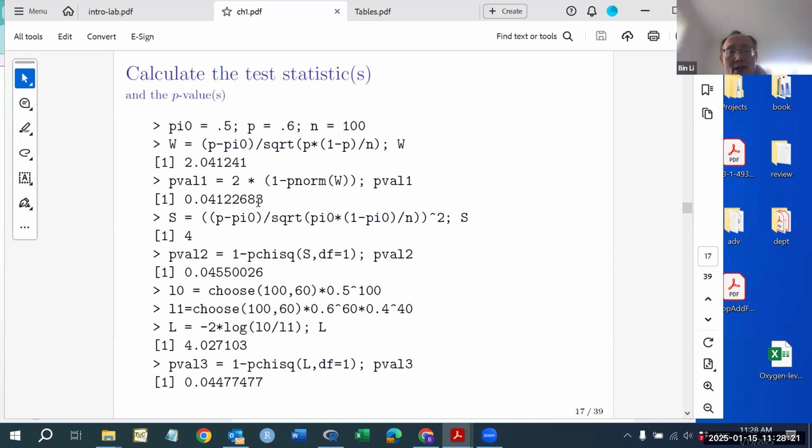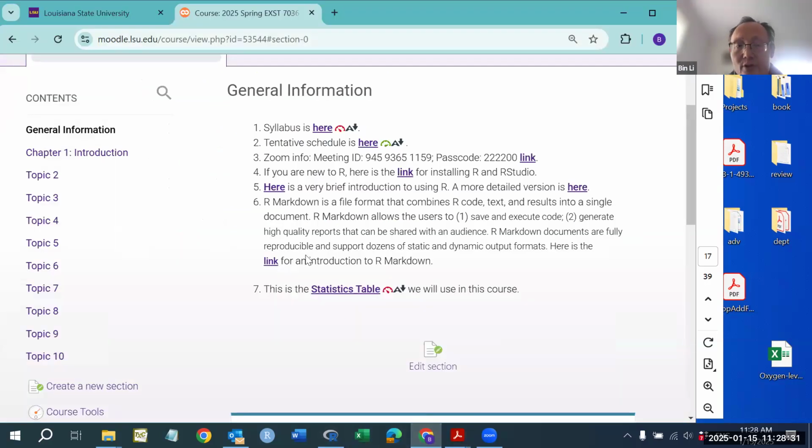Now this shows the R code to do the test statistic in R. Go back to Zoom, go back to Moodle, in the general information. I posted the link for installing R and RStudio.